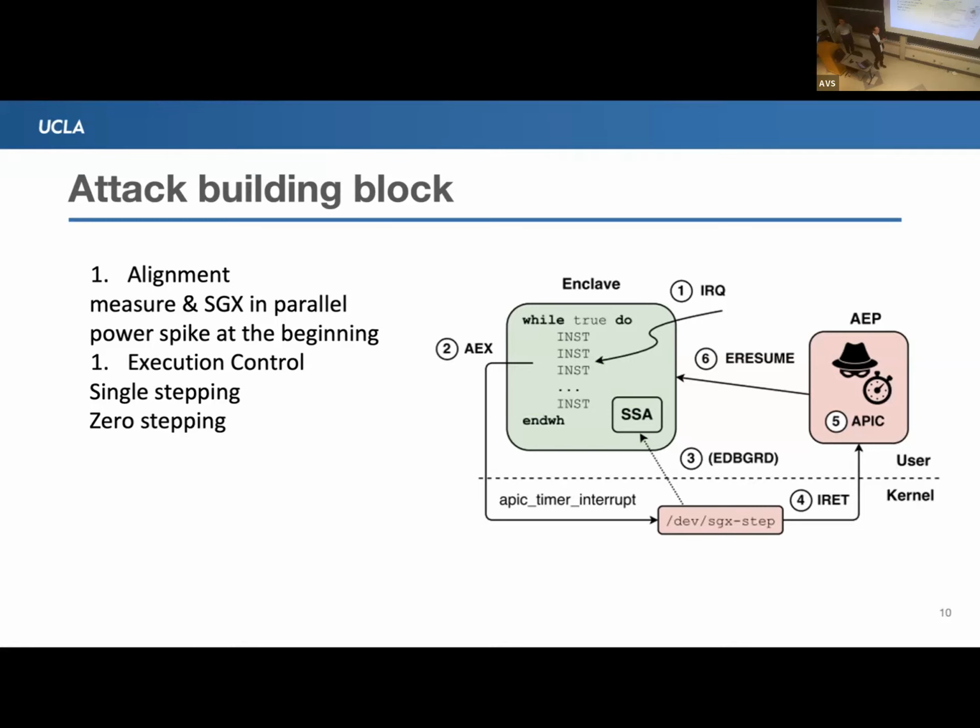And then we need to be able to repeatedly execute the instruction in memory. This is done by configuring the APIC interval timer. We set the time interval to be pretty short, shorter than two instructions' latency or one instruction's latency. If it's shorter than two instructions' latency, we can configure it to execute one instruction for every interval.